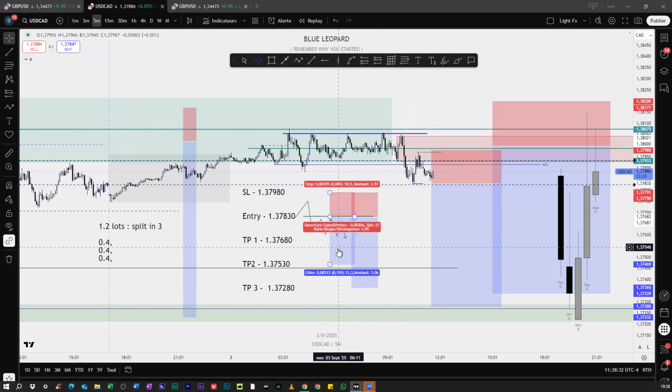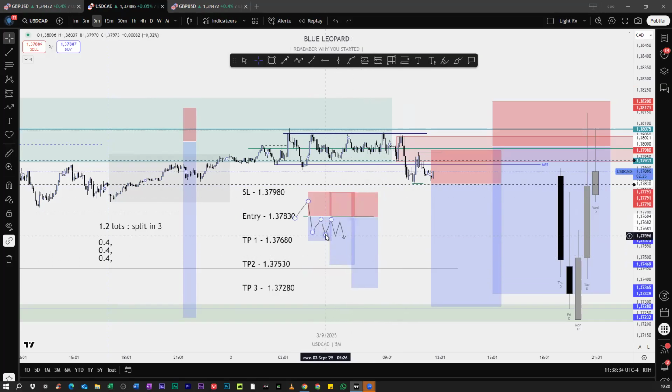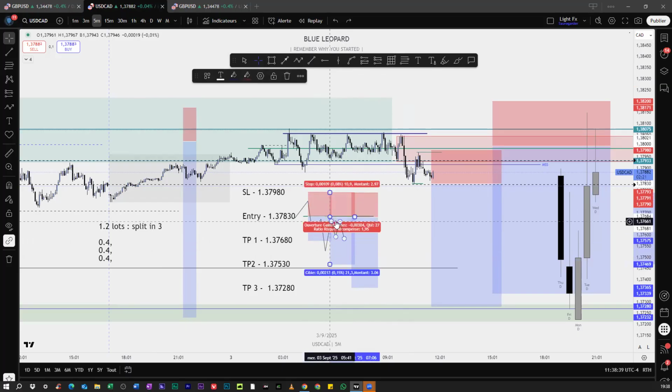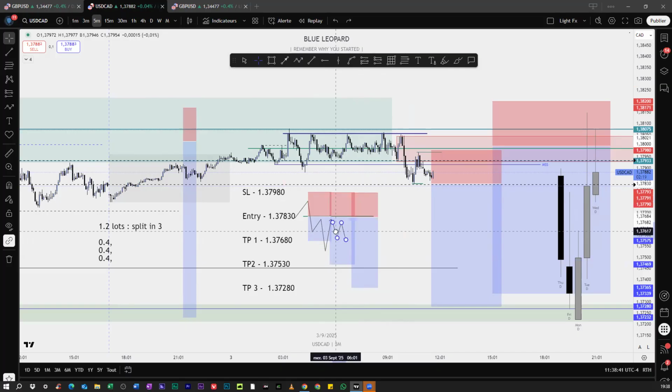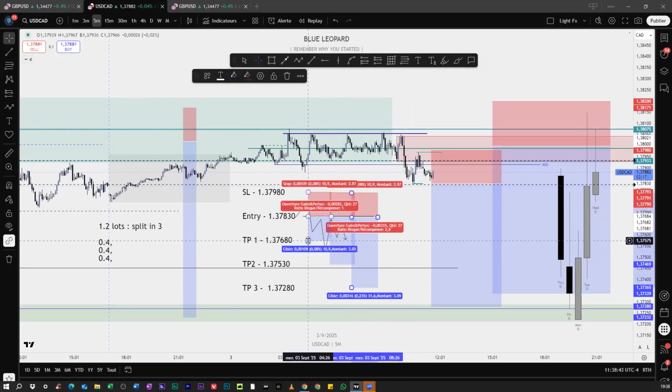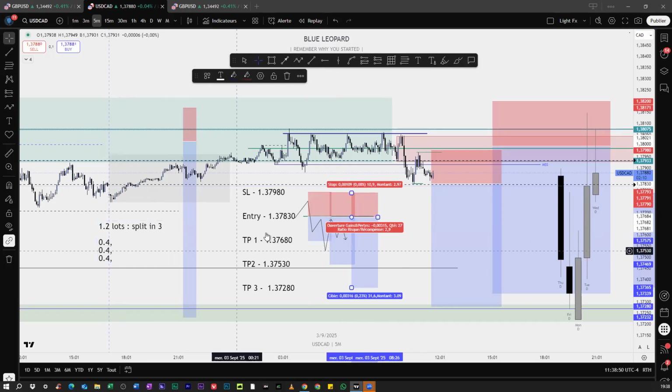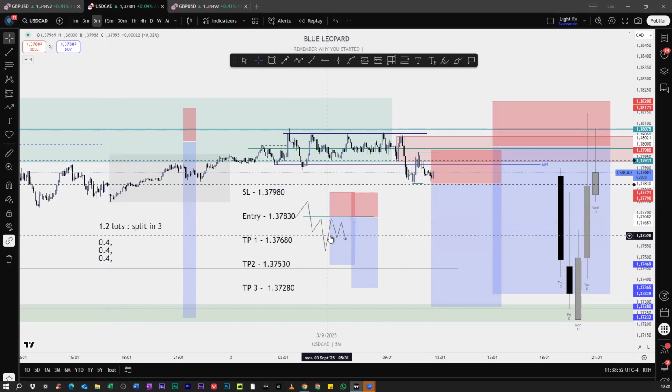Okay? For the same situation, imagine now price came and touched your TP1, your alert rang, and now price touched your take profit one. The trade will automatically close. This one will go.